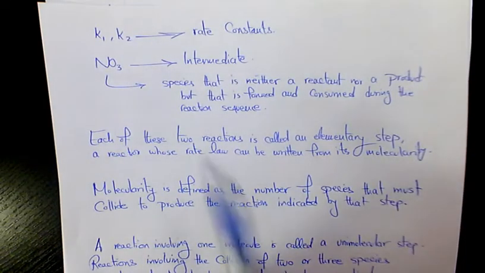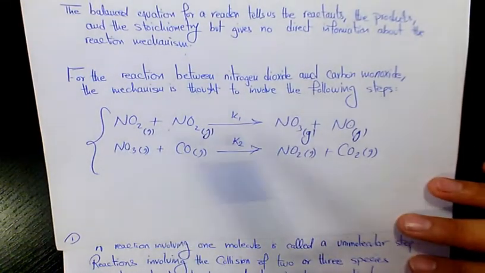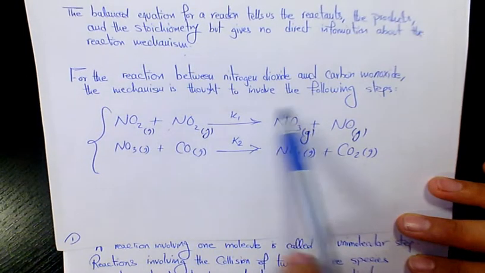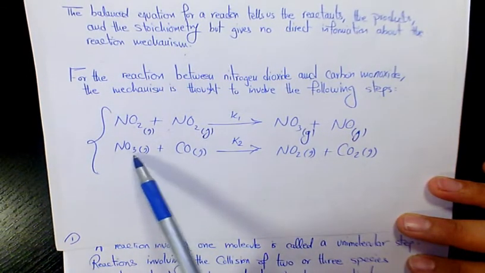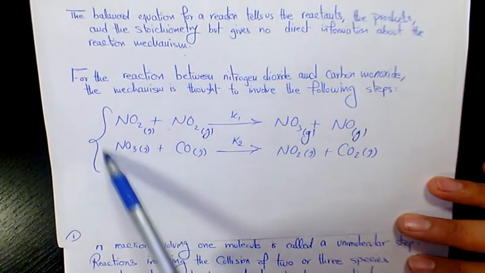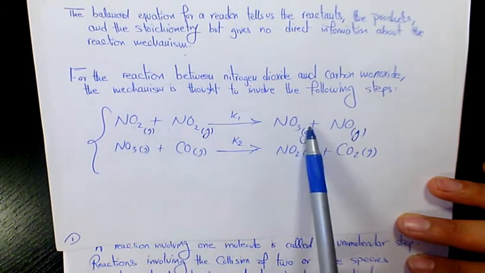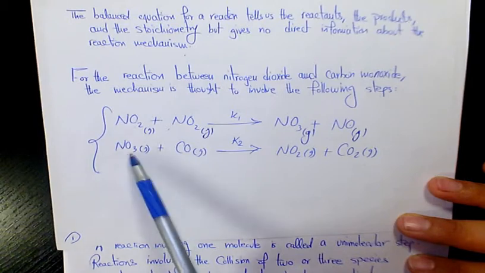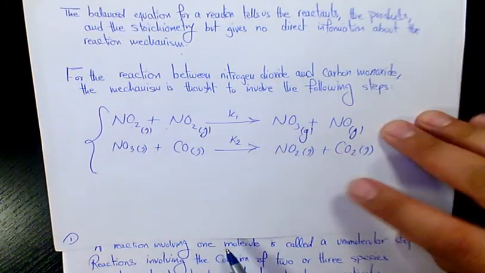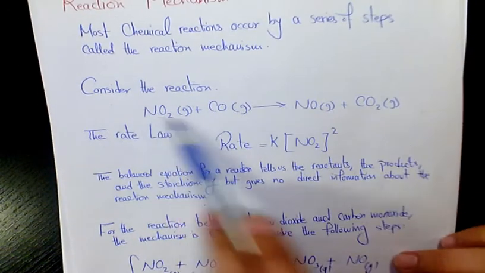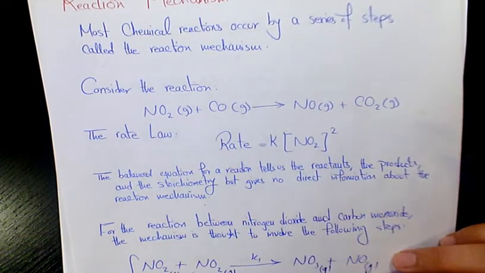Now, we have NO3 in these two elementary reactions. In the first one, NO3 is formed, and in the second elementary step, NO3 is consumed. So NO3 is the product of the first elementary step and is the reactant in the second elementary step. However, you don't see it in the overall reaction.